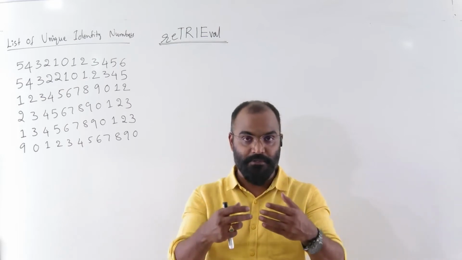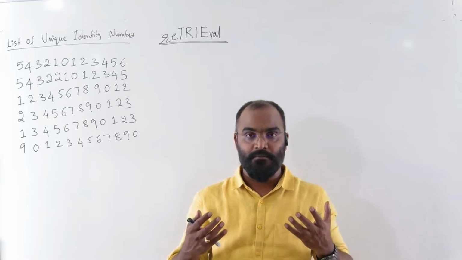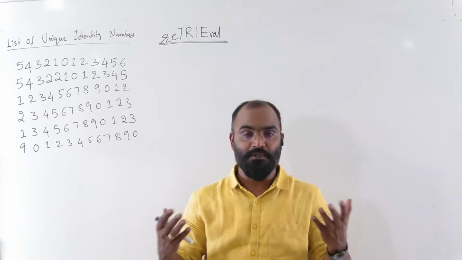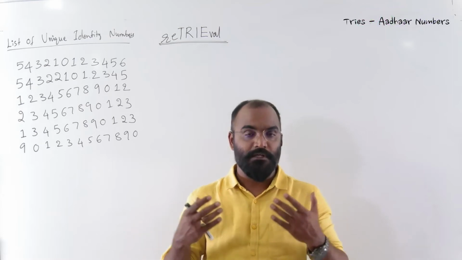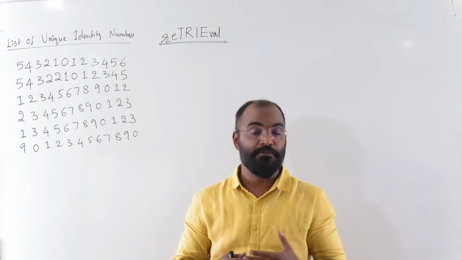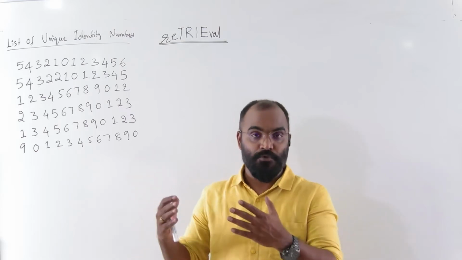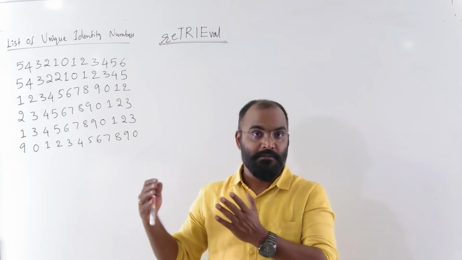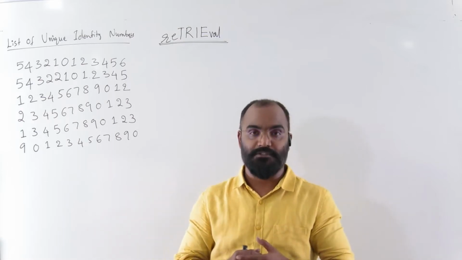They type it in and all your data is retrieved so quickly. With more than 100 crores of population, which means 100 crores of unique identifiable numbers tagged with a lot of data, how would you be able to retrieve so quickly? When you model your data using TRIEs, the retrieval is efficient.